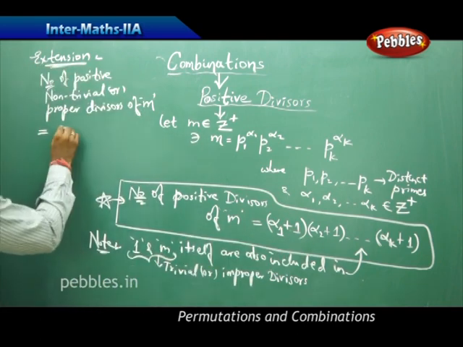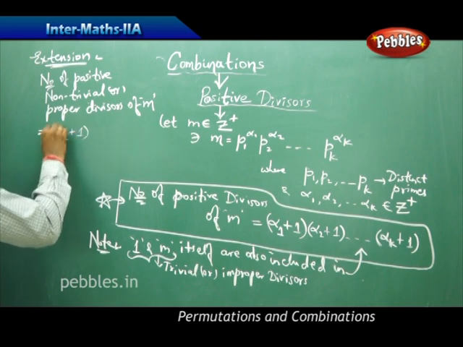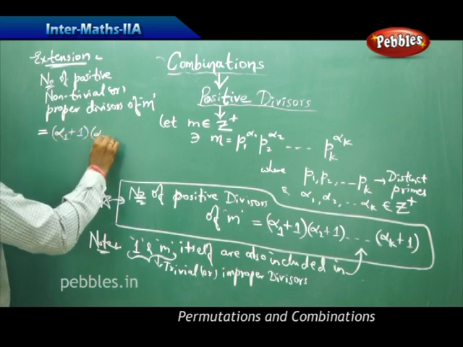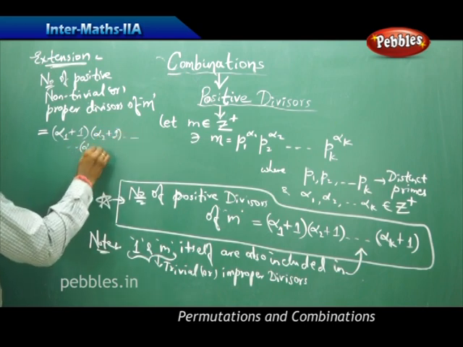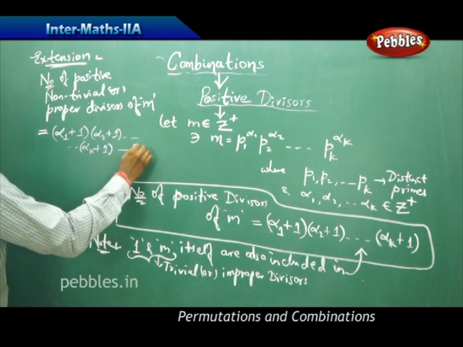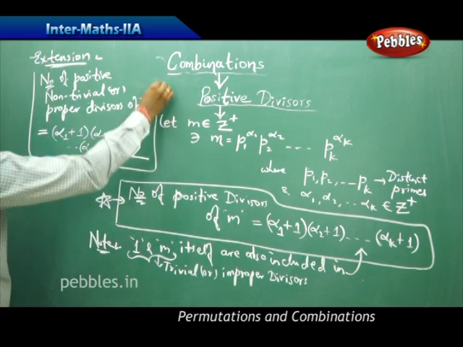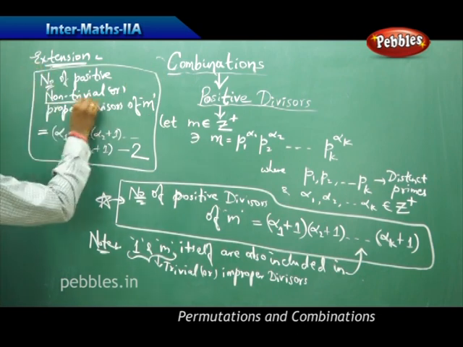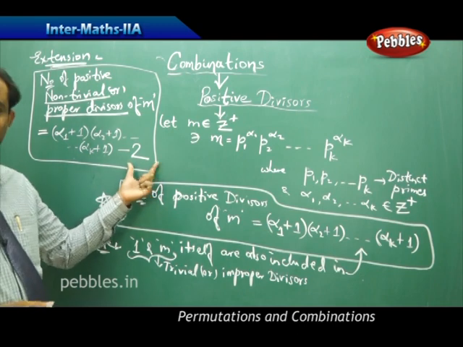Therefore, I have the same formula where I subtract 2. This is what is very important. So when I want to find the non-trivial or proper divisors, I have the formula which has -2.